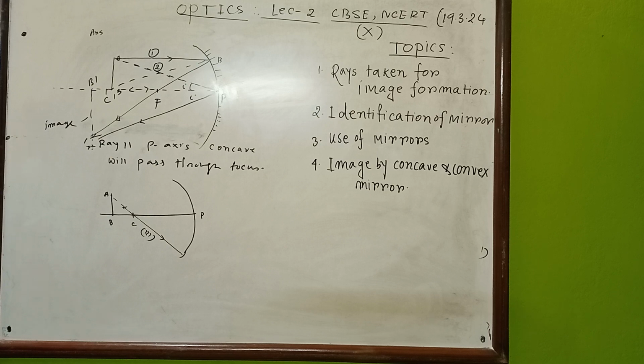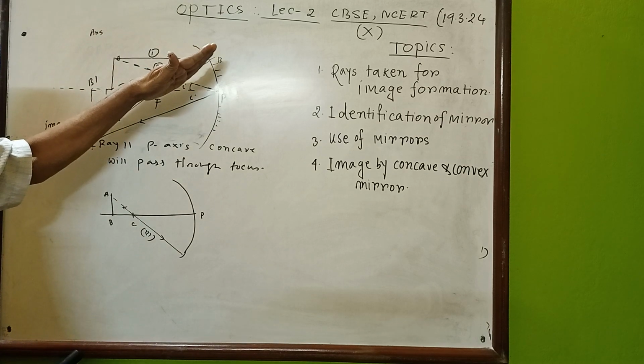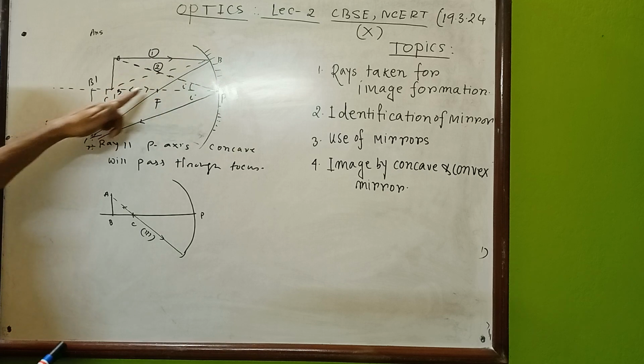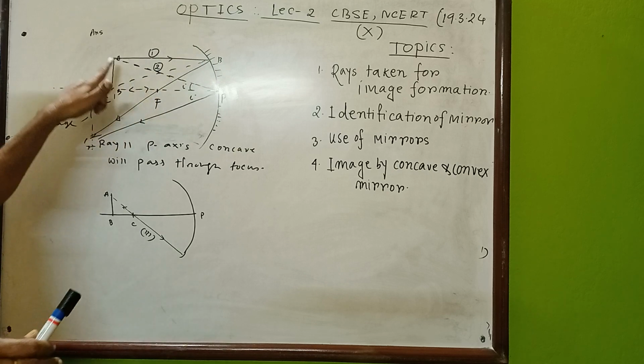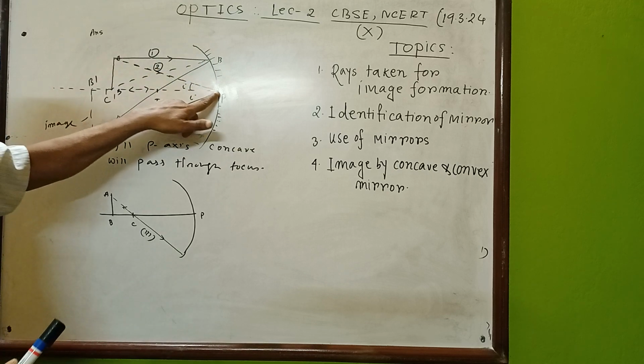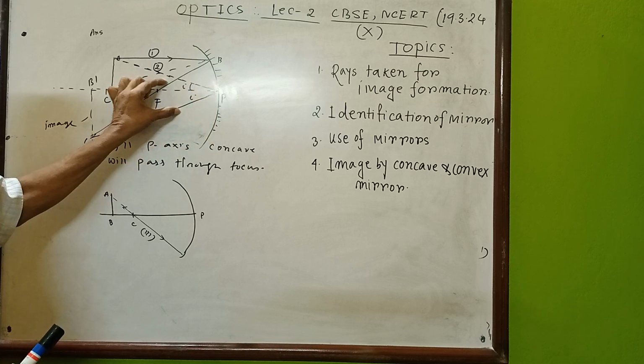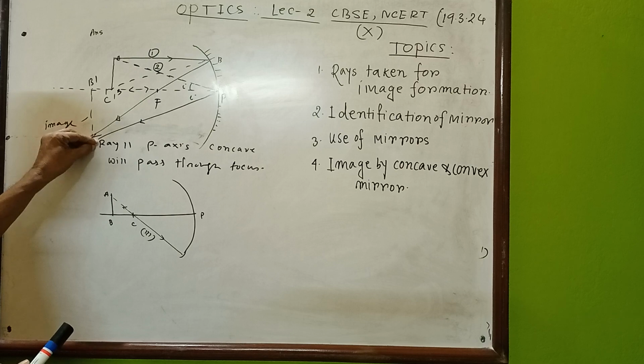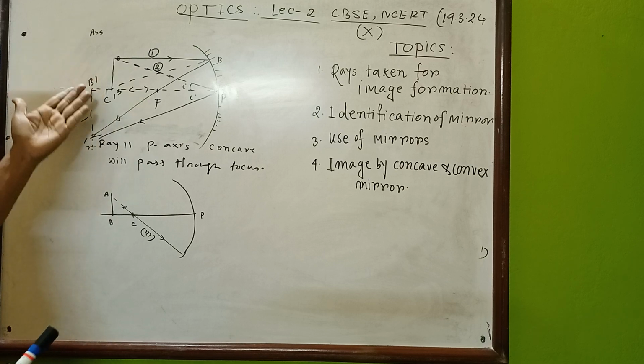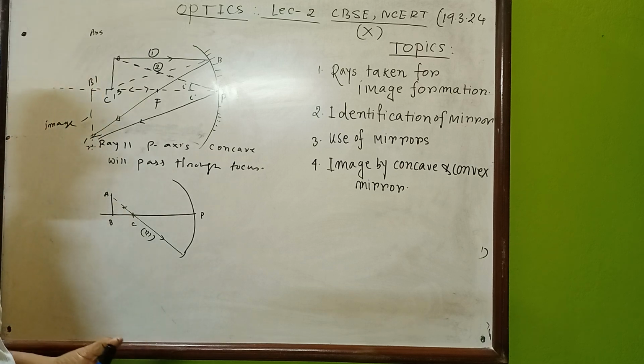When I am considering image formation by concave mirror, we should treat these 3 rays for our convenience. Again I am telling, one ray parallel to the principal axis, after reflection, passes through the focus. Second ray obliquely incident at the pole making some angle I will reflect at the same angle. Where these two rays meet, from the meeting point you draw a perpendicular on the principal axis to get the position of the image.